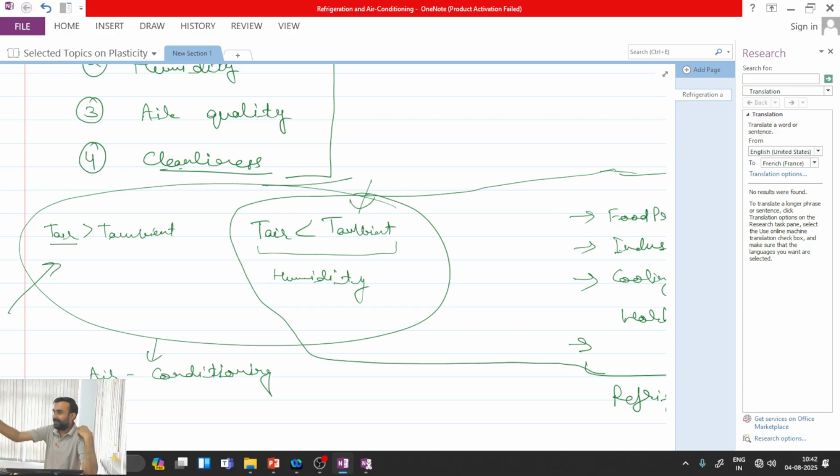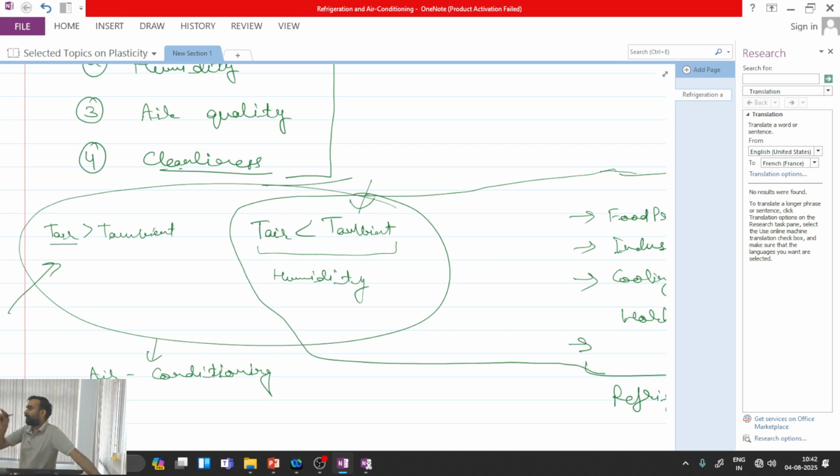You need to add heat. One way of heating was using an electric resistance heater, where you place a heater coil and plug it into the electricity, and it gives you heat. Nowadays we have air handling units which can even supply hot air.